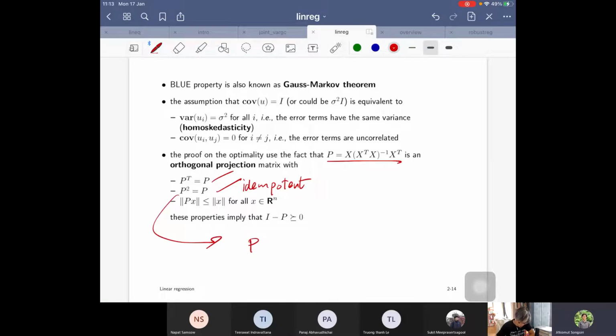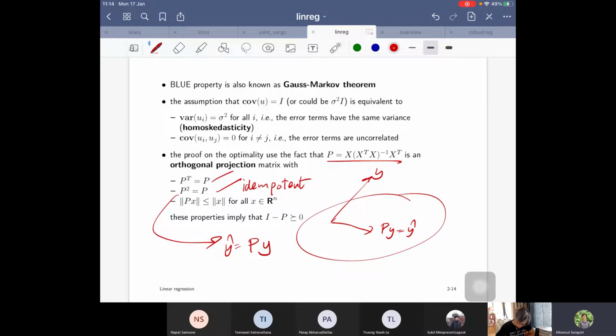This condition has a meaning: you multiply Y, the original vector, by P to get Y hat. You project it to get Y hat. But if you multiply Y hat by P again, which is P squared Y, the resulting projection would be the same vector.